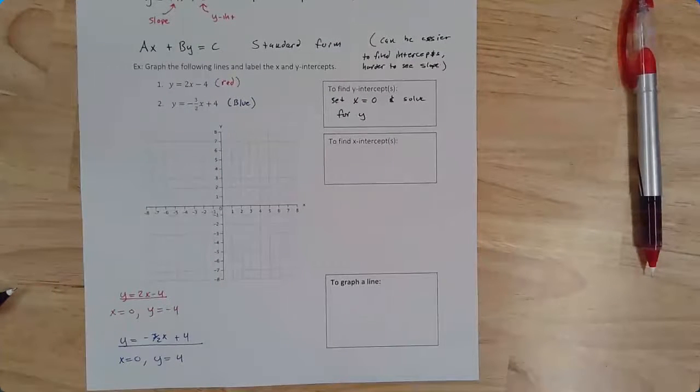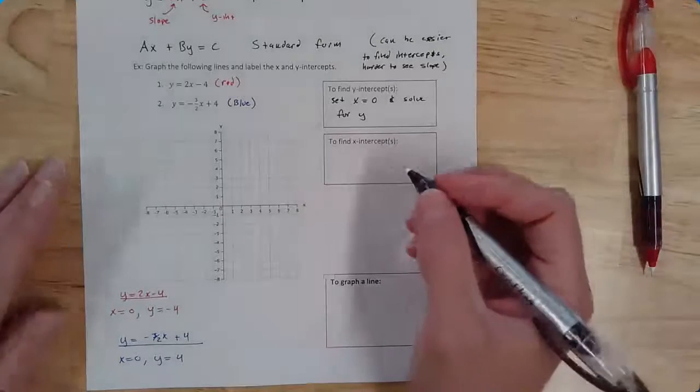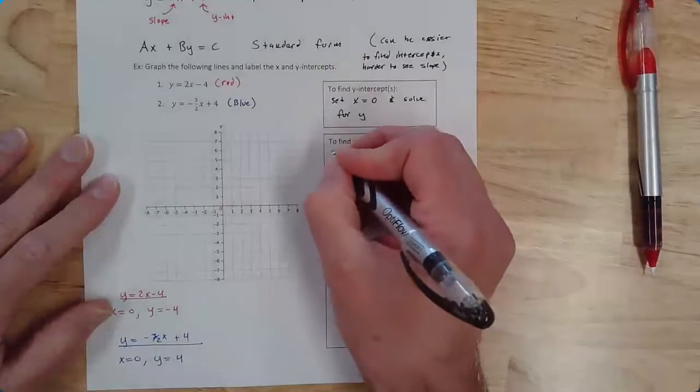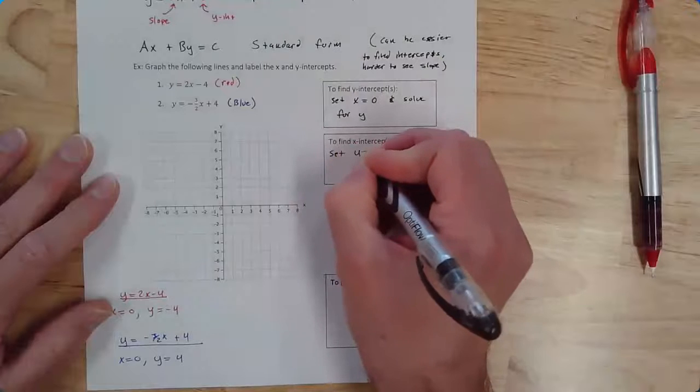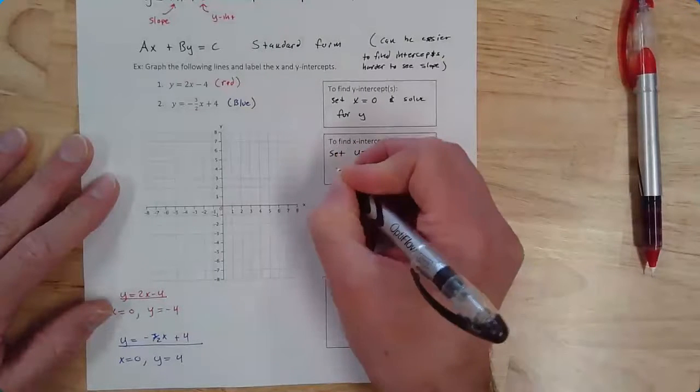All right, and then the same kind of idea works to find the x-intercept or intercepts. Lines don't have multiple x-intercepts, but other kinds of graphs can, like parabolas. So you only ever have one y-intercept, but you can have multiple x-intercepts for various graphs. Same idea. You're going to set y equal to 0 and then solve for x.